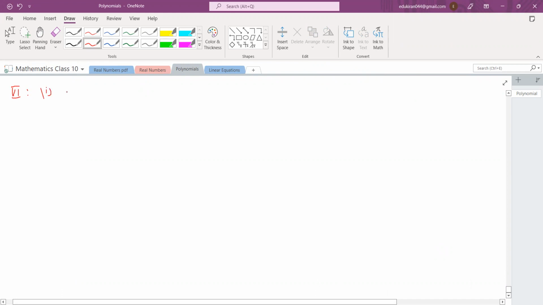If alpha and beta are the zeros of the polynomial p(x) is equal to x square minus 5x plus k, such that alpha minus beta is equal to 1, find the value of k.